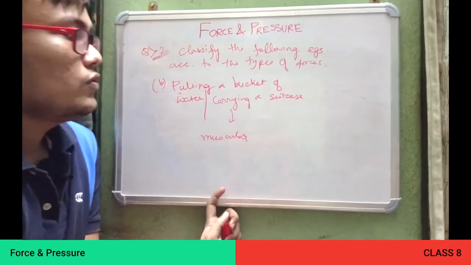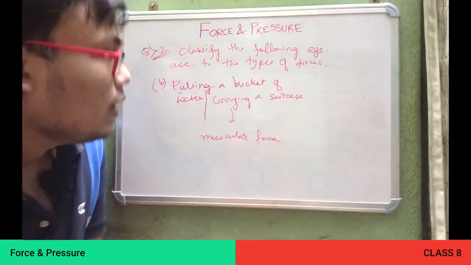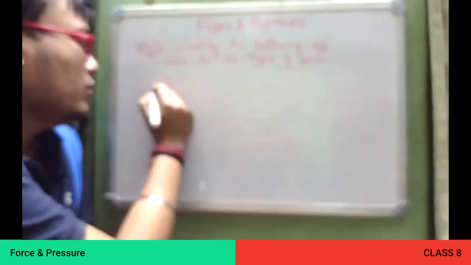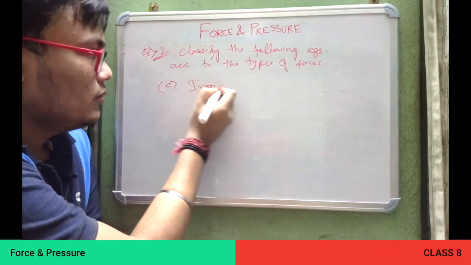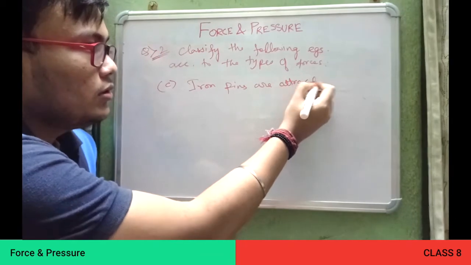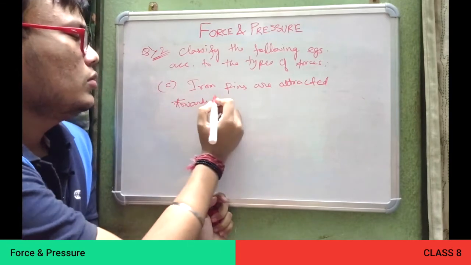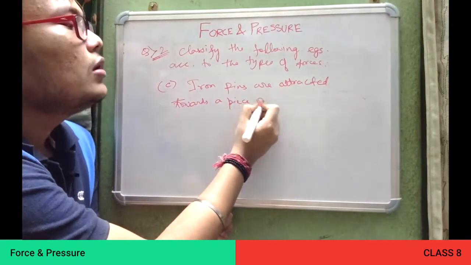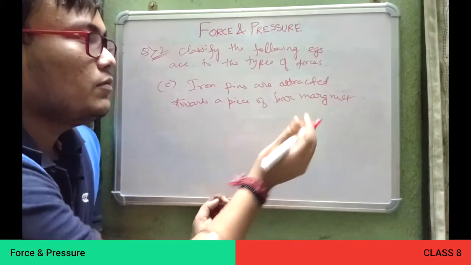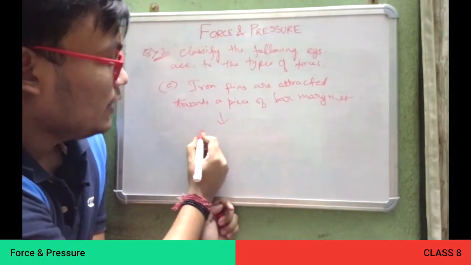You have to use your muscles to do this, muscular force. And the third one is iron pins are attracted towards a piece of bar magnet. So this is an example of magnetic force.